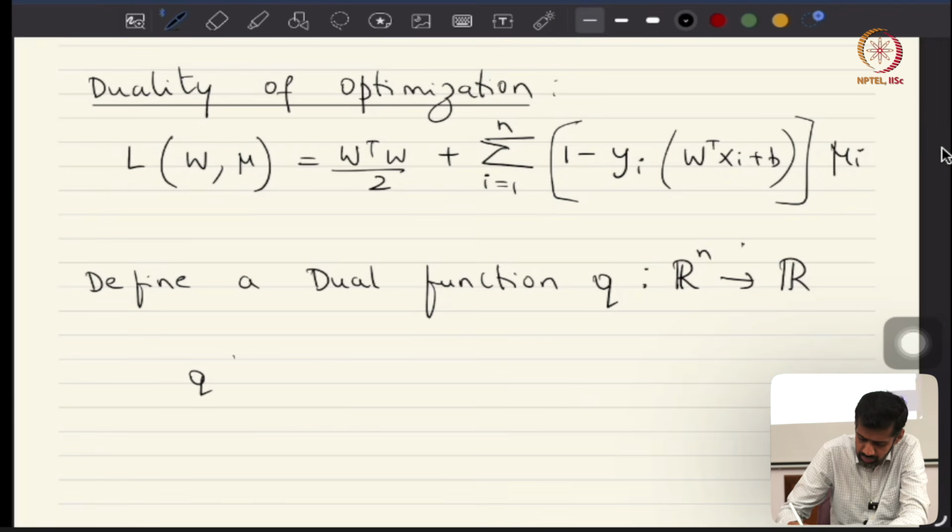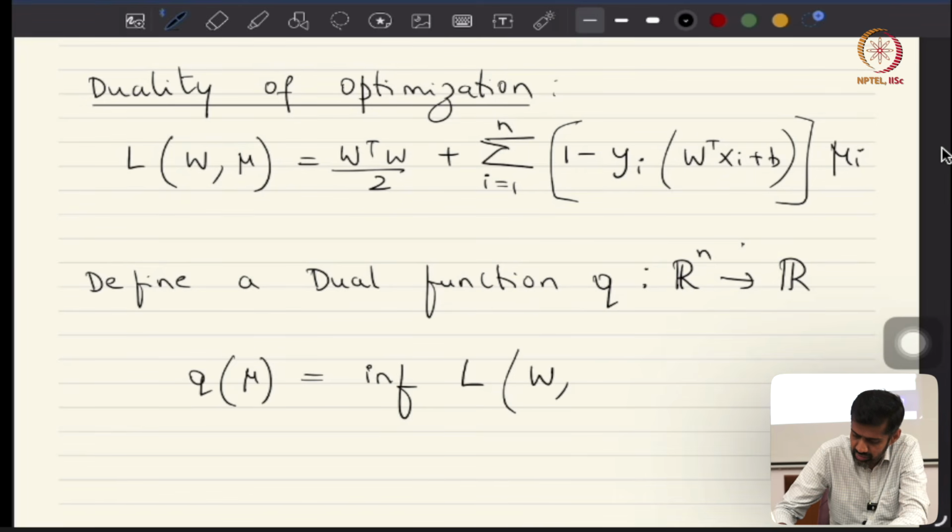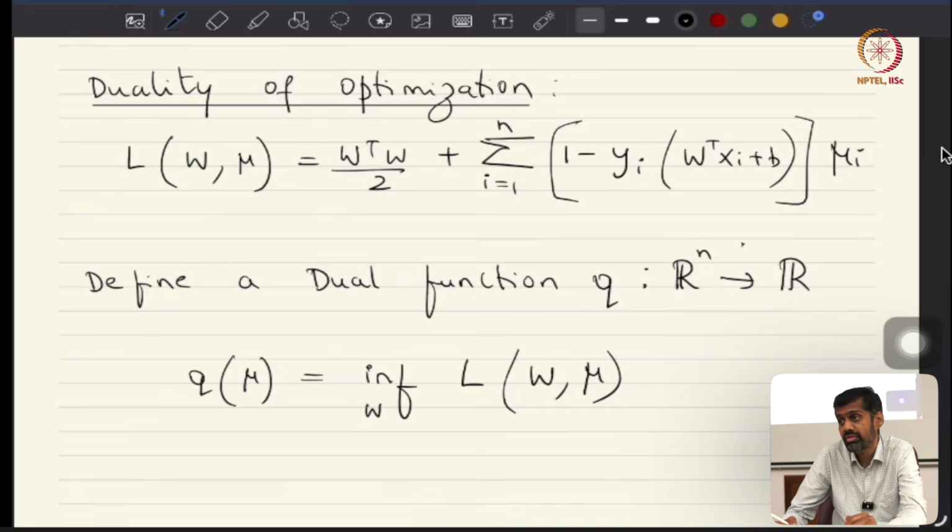How do you define that? q(mu) is the infimum over the Lagrangian, and this infimum is obtained over the optimization variable of the primal problem. What is infimum? Argmin is the minimizer, and min is the minimum. What is infimum?